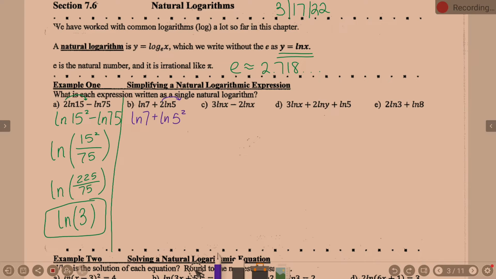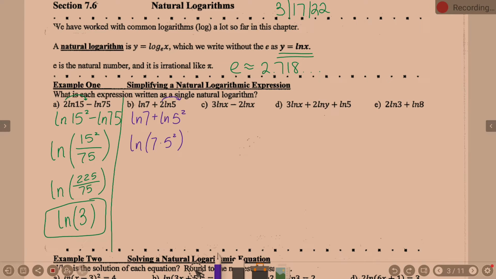You can square your 5s, or you can just multiply. Two logs being added can be rewritten as 1 log, where the insides are multiplied. So 7 times 5 squared, or if you already did 5 squared, it's 7 times 25.